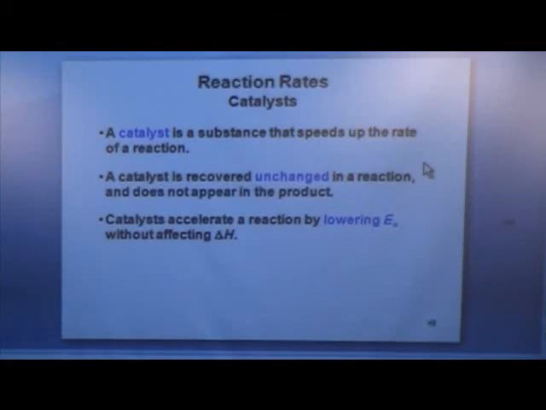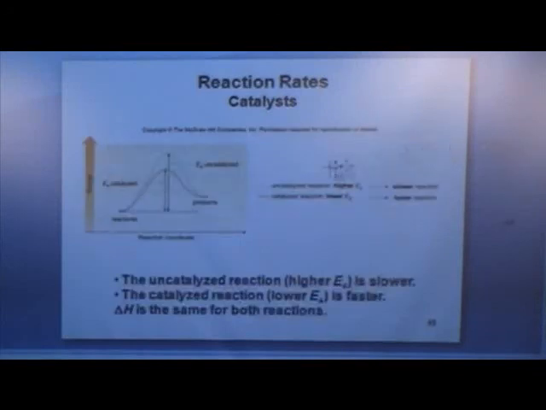In a chemical reaction, the catalyst accelerates the reaction by lowering what we call the activation energy. You see, the activation energy means, for example here, the energy that the reactants need to change into products. There should be a certain energy. Okay? You can see a red curve and a blue curve.